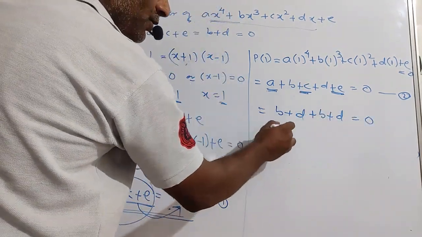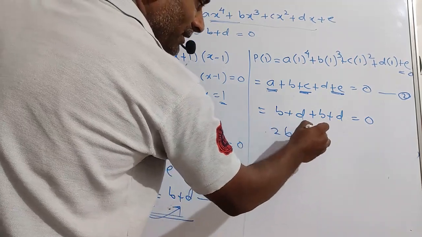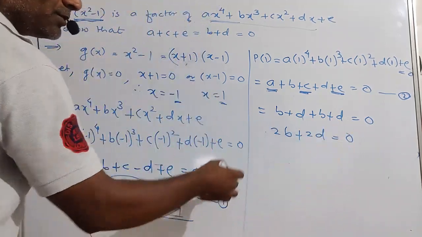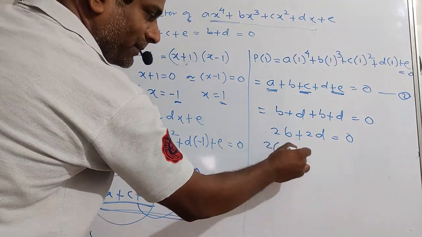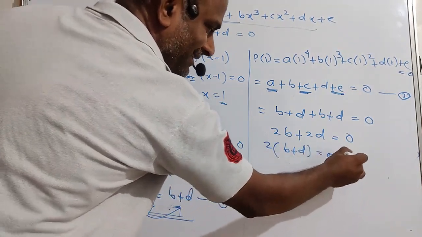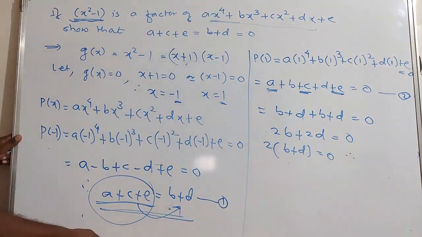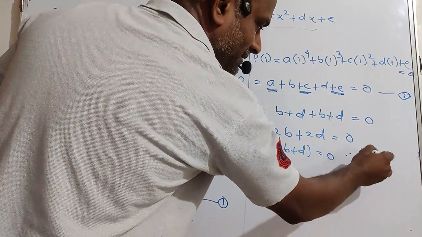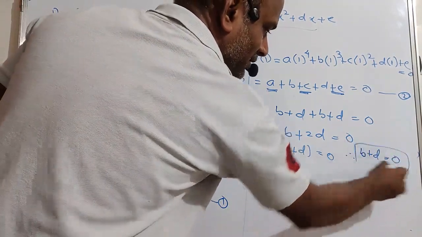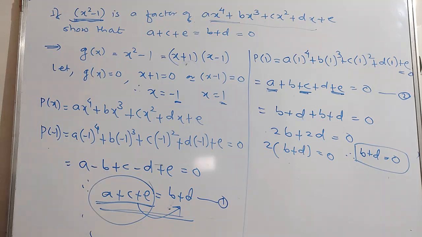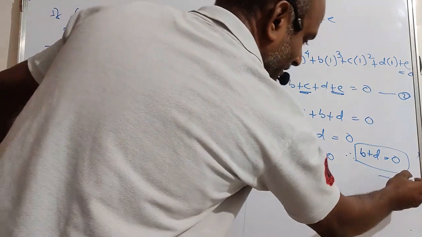So here I have 2b plus 2d is equal to 0. 2 is common, so I will get b plus d is equal to 0, that is, 2 will go to that side and become divide. So I got b plus d is equal to 0. This is my third statement.